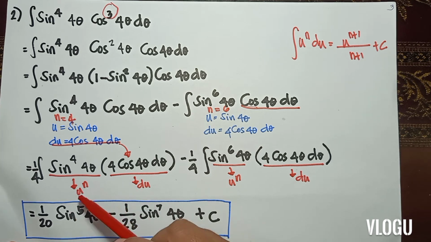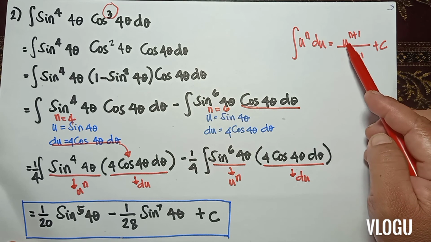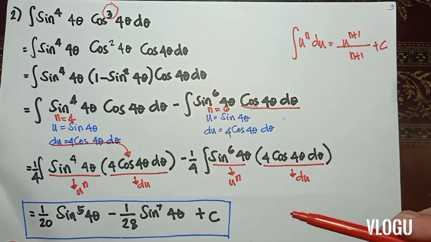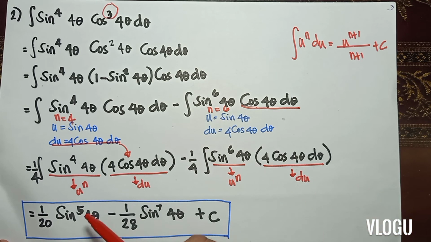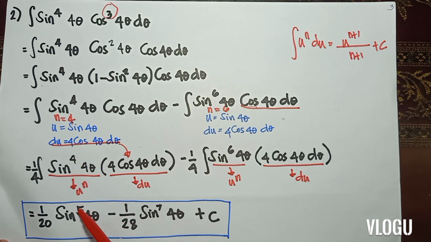Once you have the form u to the n du, proceed to u to the n plus 1 over n plus 1. So n plus 1 is 4 plus 1, that is 5, over 5 times 4, that is 20.